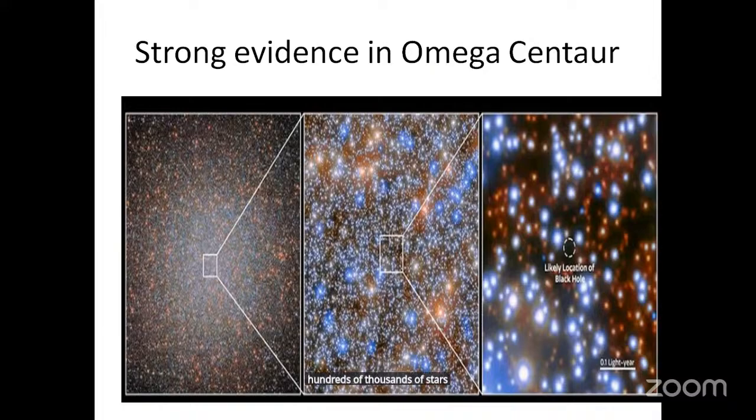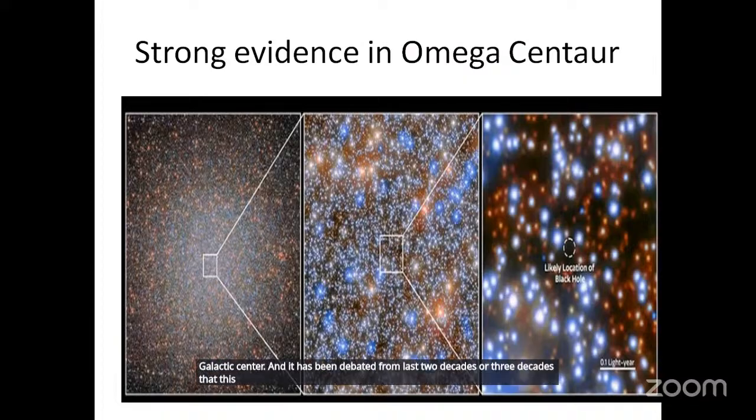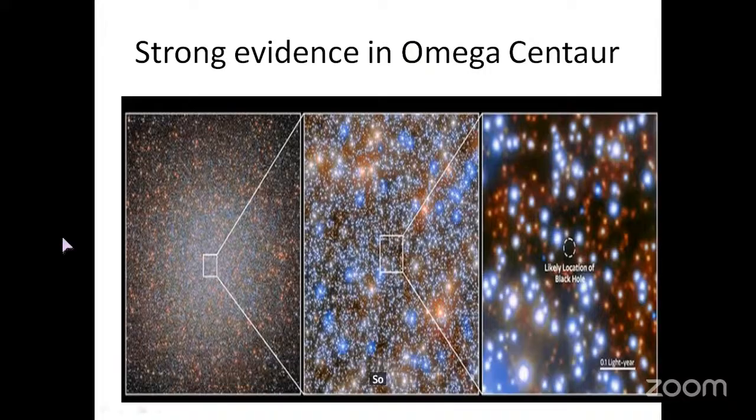Generally these clusters are spherical in shape, and they stay close to the galactic center. It has been debated for the last 2 or 3 decades that this cluster should have a black hole at the center. You can see the zoomed version.